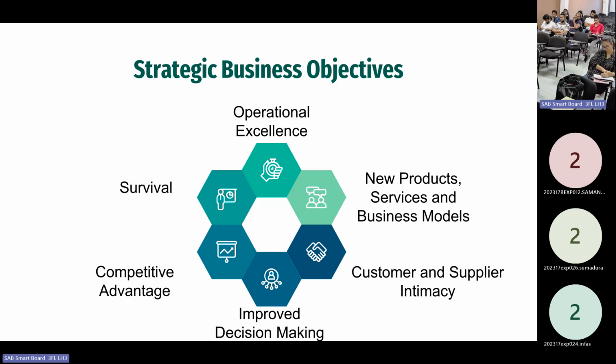So with these business objectives, organizations may have one of their objectives as: we want to survive. Yes, we need to improve the operations, take good decisions, and have a proper relationship with customers, employees, and suppliers. At the same time, surviving in the industry is also an important thing.